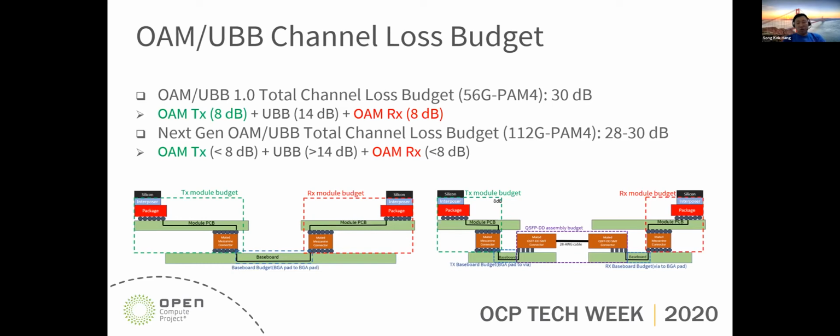We will see what we can do on the OEM TX and RX lane, whether we can squeeze it a little bit more, and understand the package and routing on the OEM to make sure it doesn't go beyond that. At the same time, we're also going to look at the UBB, and what margin we can get based on the latest PCB material.